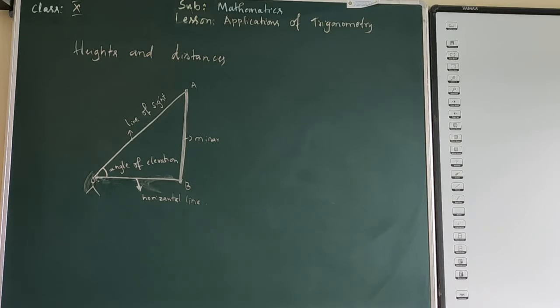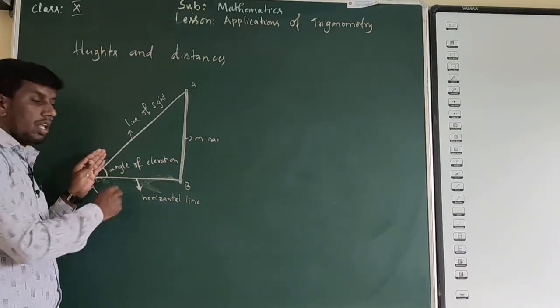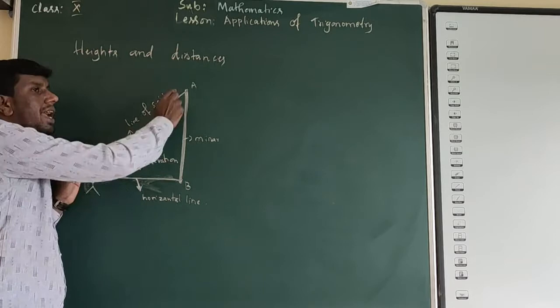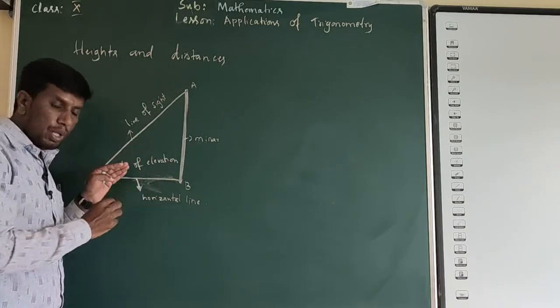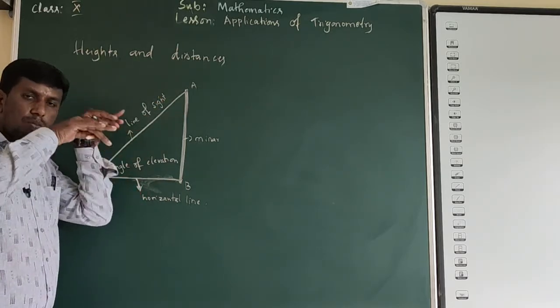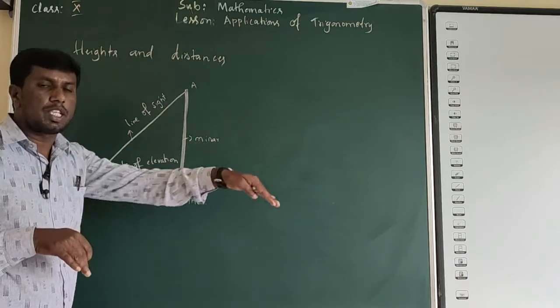When the point being viewed is above the horizontal level, that is called the angle of elevation. Below the horizontal level, we have one more angle, the angle of depression. We will explain it after that.